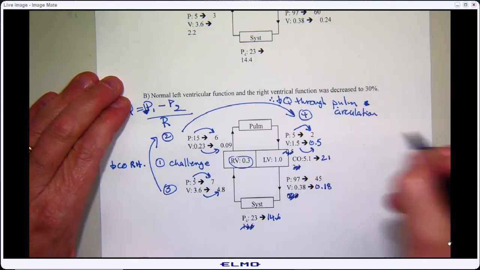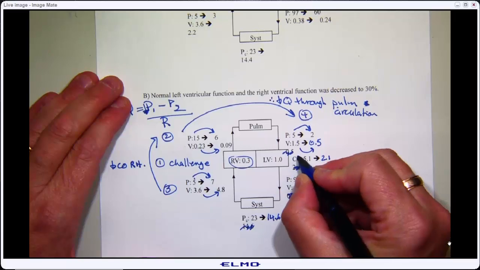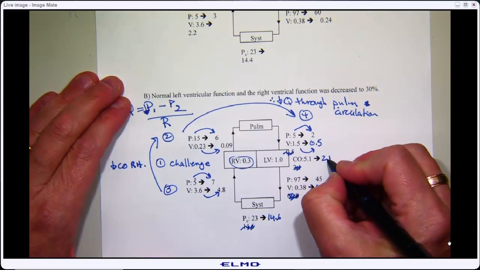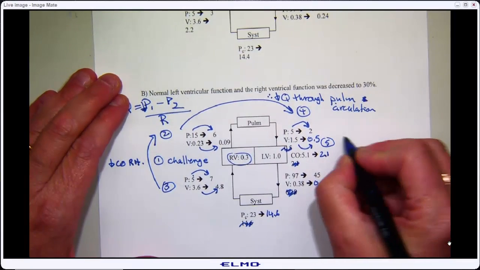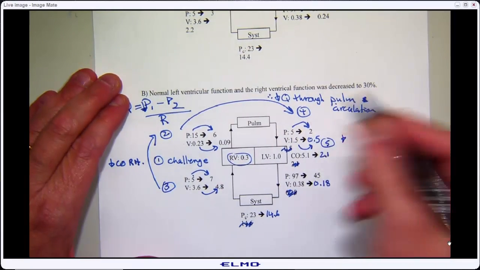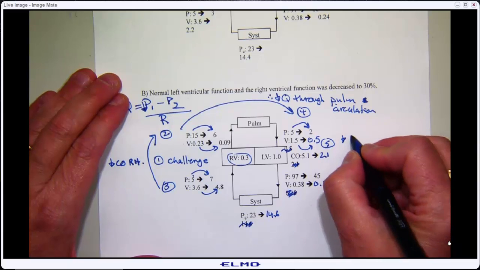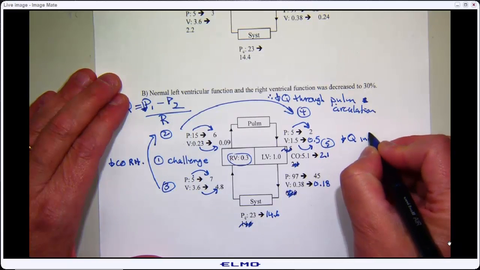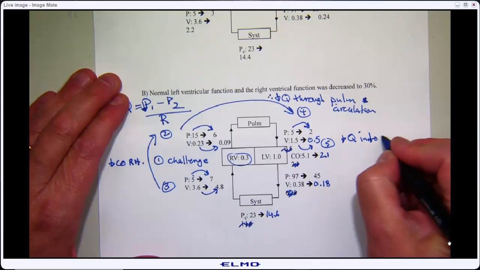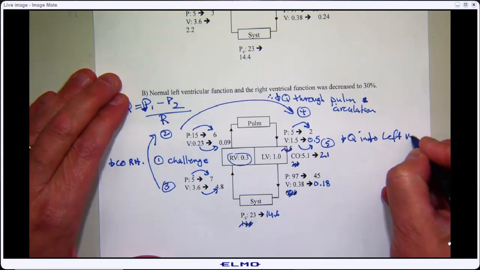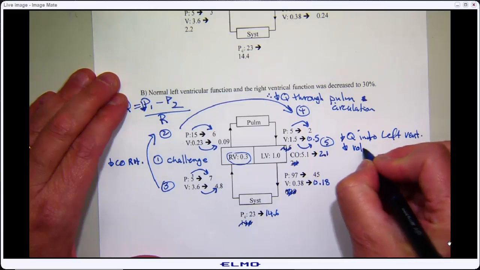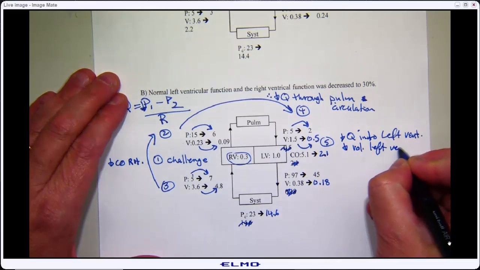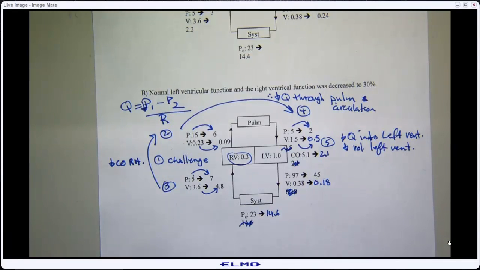So you went here next. I think you're going to go here next, so let's go 5. And we're going to say because of what happened in the pulmonary veins, we're going to have a decrease in flow into the left ventricle, right? Which means there's going to be a decrease in volume in the left ventricle, right?